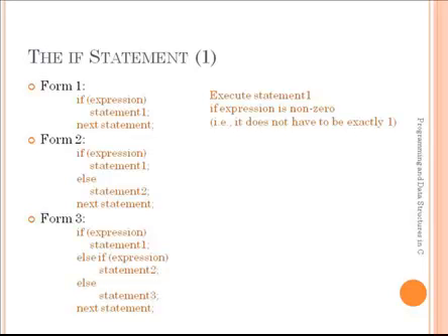Whenever the control comes to the if statement, first it evaluates the expression. If this expression is true, the statement block will be executed. If the expression is false, the next statements will be executed.